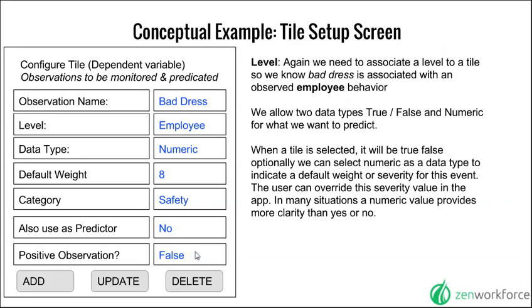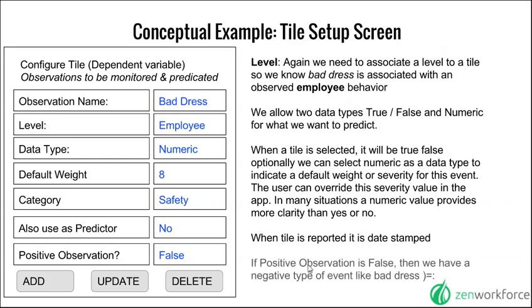I think we tried to get away from the word negative, but in this case, I just said, is it positive or not? In this case, bad dress is not. So we can kind of do a different analytics, knowing that we're working with positive observations versus negative observations. You can kind of think of this as another form of metadata. So that's what we have discussed thus far on setting up a tile.